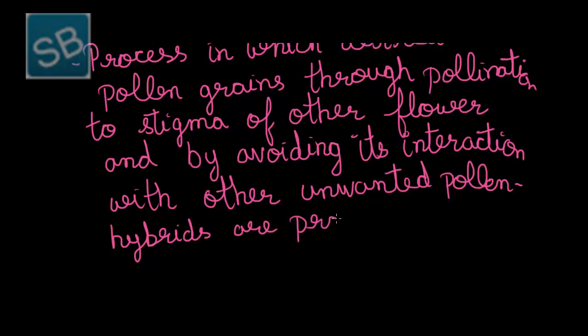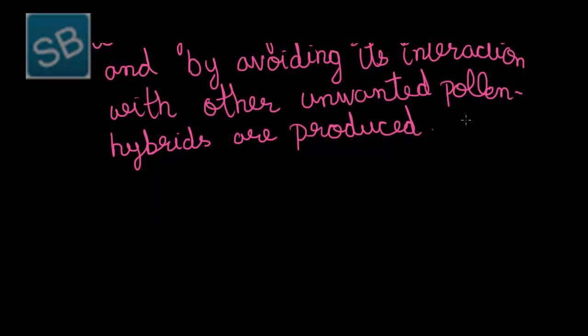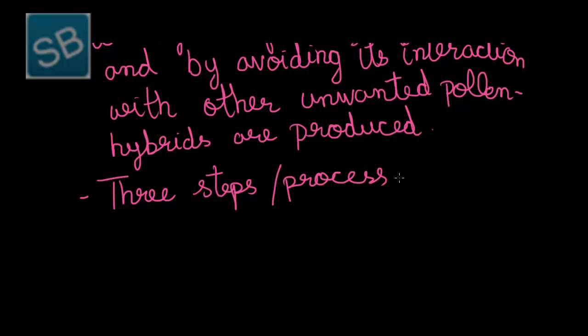Now the process of artificial hybridization takes place mainly in the form of three steps. Thus, the three steps or processes involved within it are as follows.